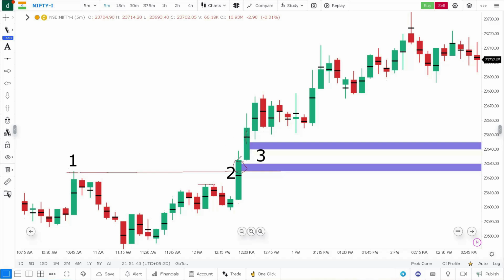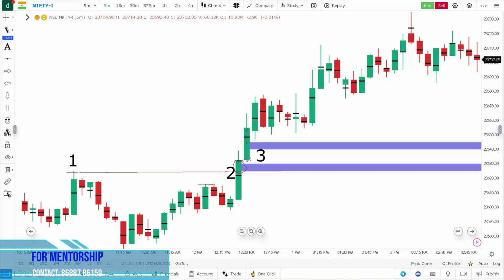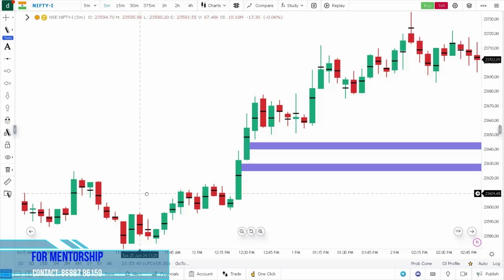There is no overlap here. The low made here only goes up to this level, creating a gap, the blue area which you are looking at. So all three candles are needed. There are two kinds of fair value gaps: bullish fair value gaps and bearish fair value gaps.